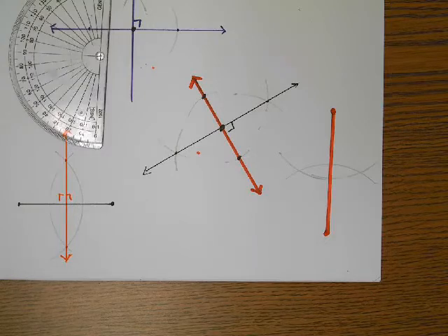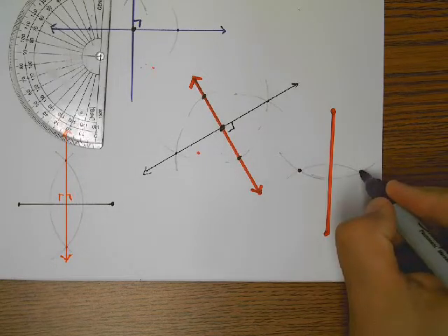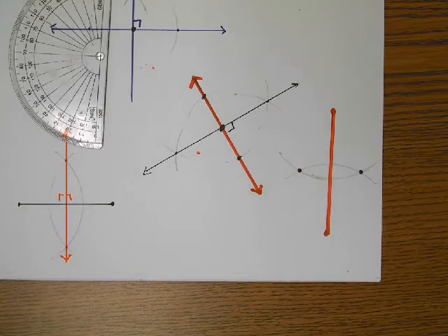Get 2 points of intersection. It's like the fish symbol.